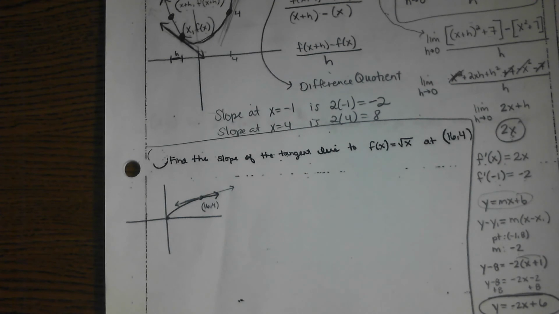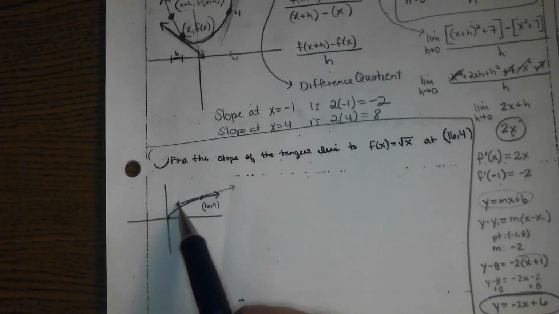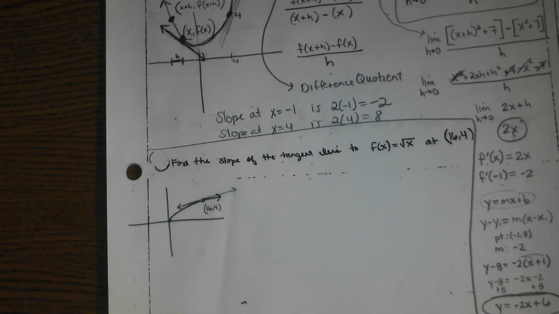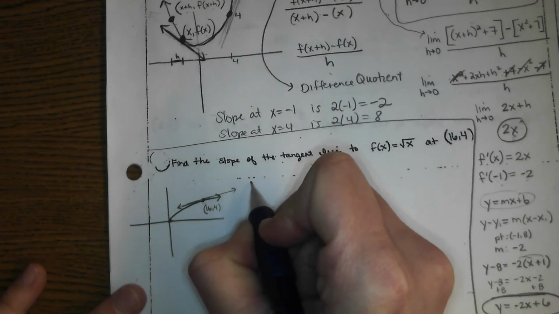These radical graphs kind of even out and flatten out pretty quickly. They're never perfectly flat with a slope of 0, but they get pretty flat, with a slope of like 1/100th not being out of the realm of possibility. So that's essentially what we're doing. We're looking for the slope of that tangent line, which will be the same as the slope of the curve at that point.